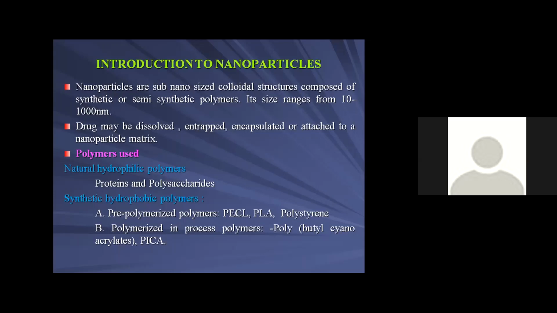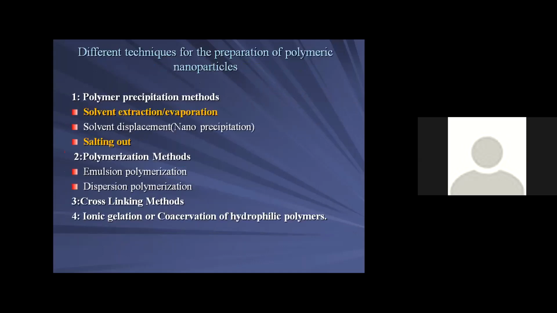The polymers which we normally prefer to prepare polymeric nanoparticles are classified into two: natural polymers and synthetic hydrophobic polymers. The natural polymers are classified into proteins and polysaccharides. The synthetic hydrophobic polymers are polybutyl cyanoacrylate, PMMA, and so on.